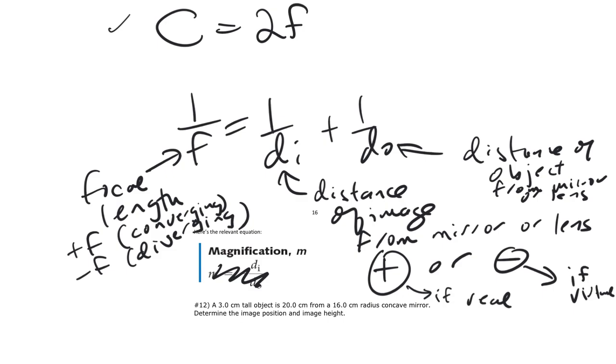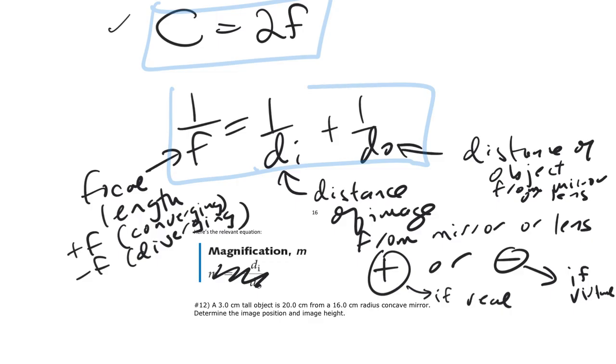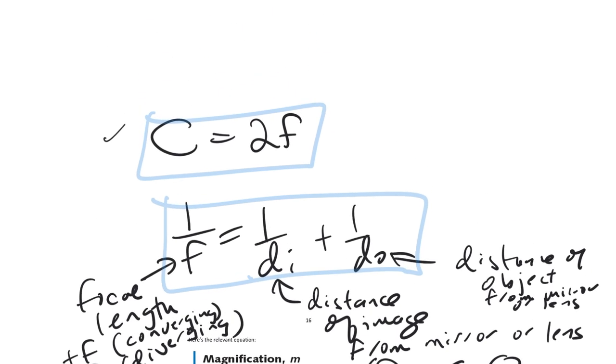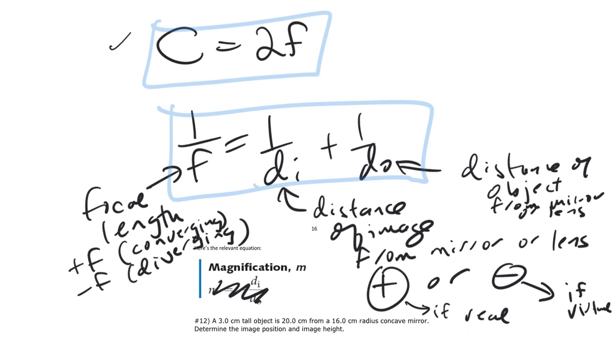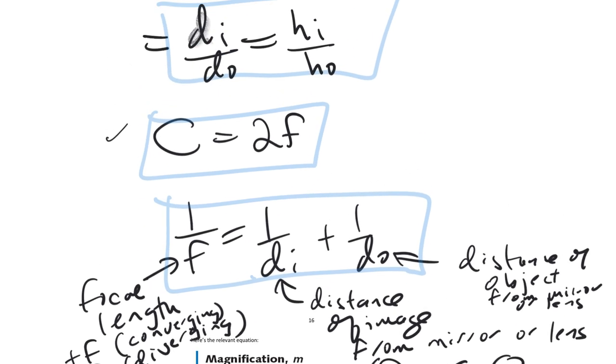So here's one equation, and the other equation I want to give you is di over do equals hi over ho. And that's equal to magnification.